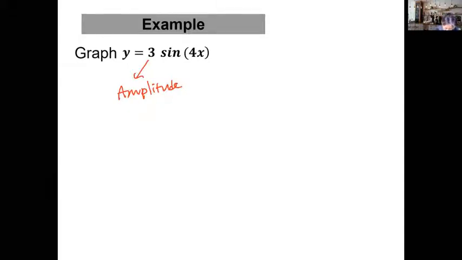Then 4 is the B value, and it's going to involve the period. So B is 4 and A is 3. And again, it's amplitude, and we're just going to have the absolute value there, right?